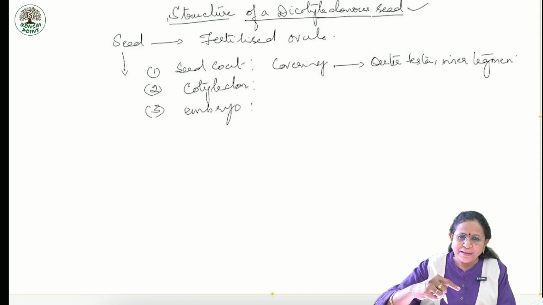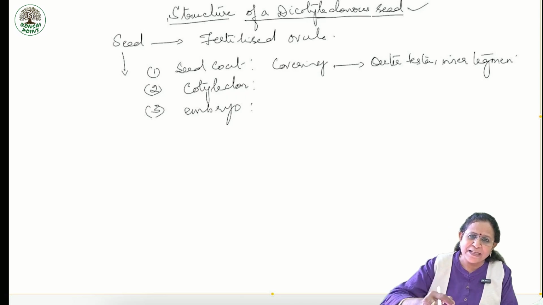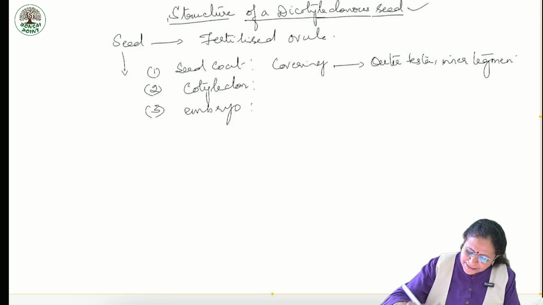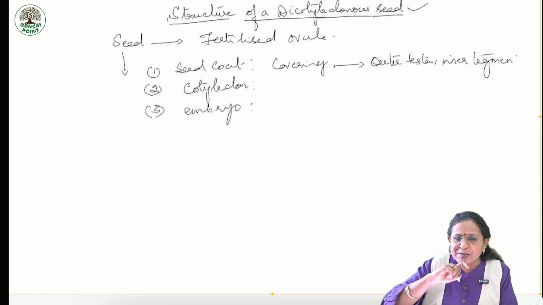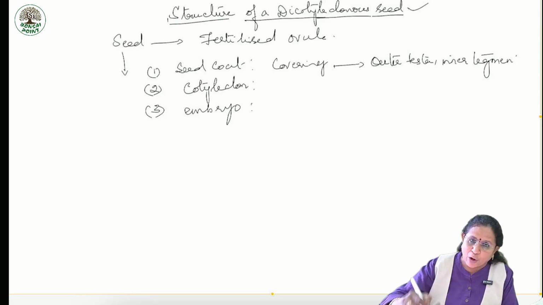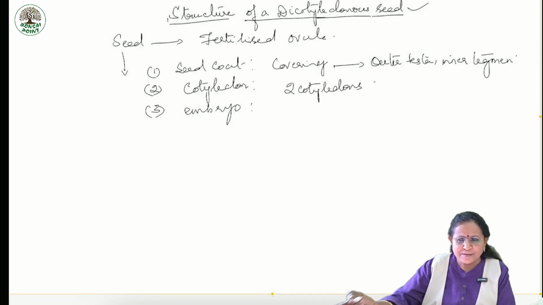Testa is the outer one and it is a bit hard, protective in nature, whereas tegmen is a bit thin and is found inside. It is not hard like testa. Second, under the general explanation I told you one or two cotyledons, but here we are talking with reference to dicot, so specifically the presence of two cotyledons.